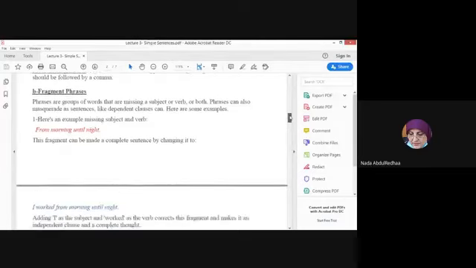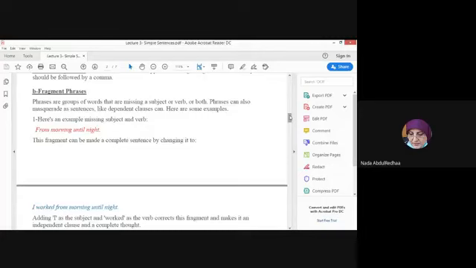The second thing is fragment phrases. These are groups of words that are missing a subject or a verb, or both of them. So these phrases are not sentences. They are just like dependent clauses.